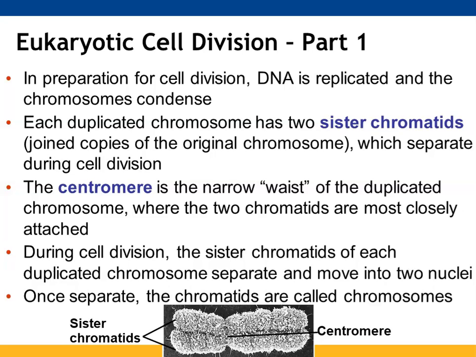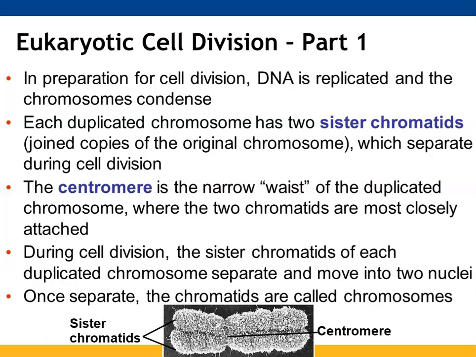So in cell division, the first things that need to take place are the replication of your DNA and being able to visualize the chromosomes, having them condense. When the DNA is replicated, the replicated chromosomes stay together.